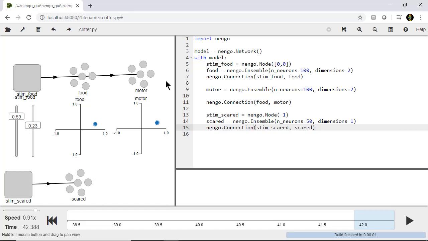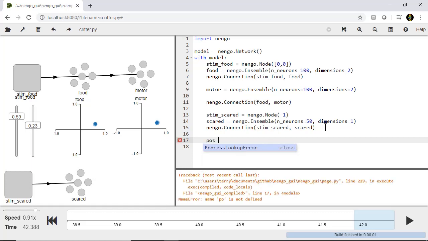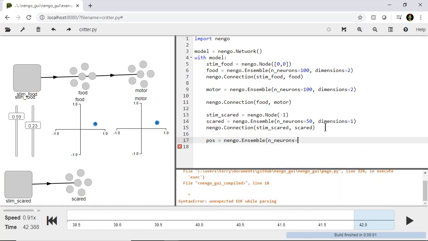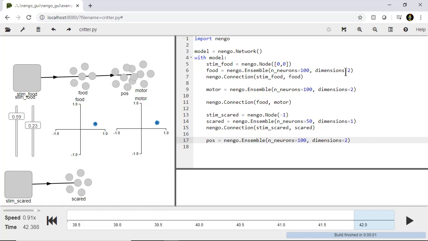Well, let's say I have a group of neurons that's representing my position. We'll stick with 100. I'm sticking here. I generally find that when I'm initially building my models, there's always this question of how many neurons to apply in each of these ensembles.